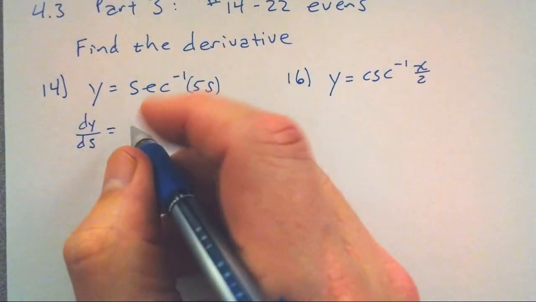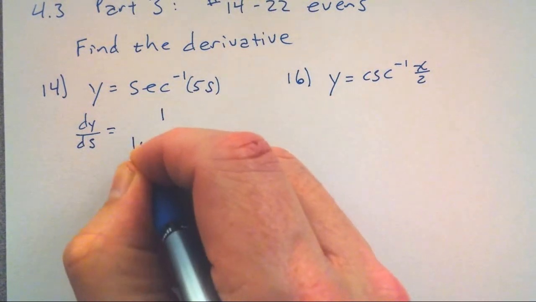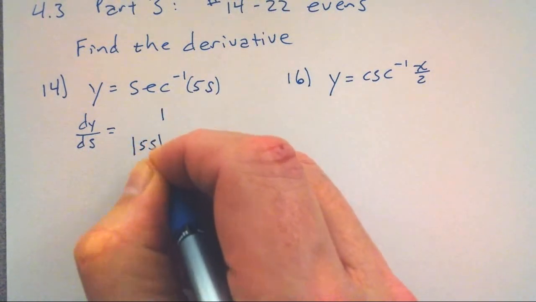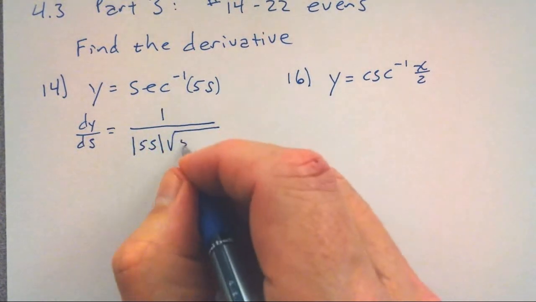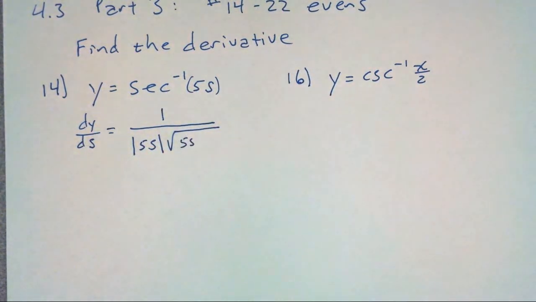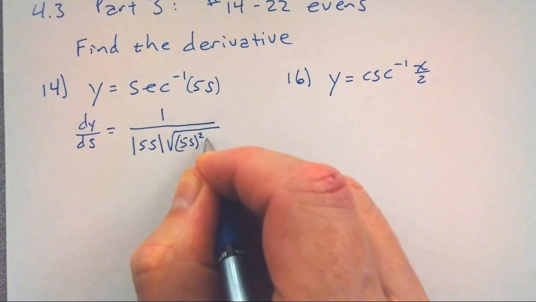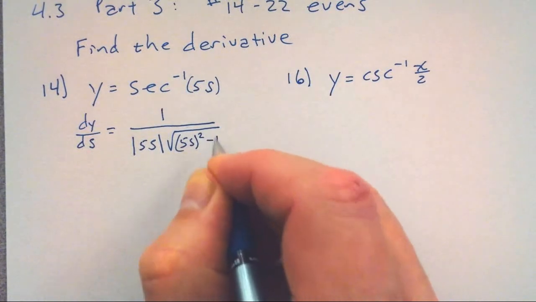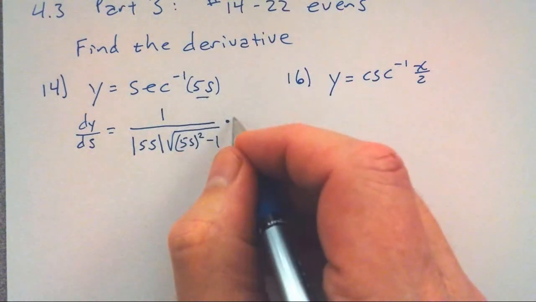So the derivative of secant inverse is 1 over the absolute value of the argument times the square root of the argument, all of it squared, minus 1. It would be really easy just to square the s, but it's 5s squared minus 1, times the baby derivative, 5.